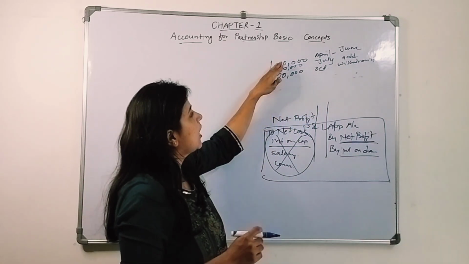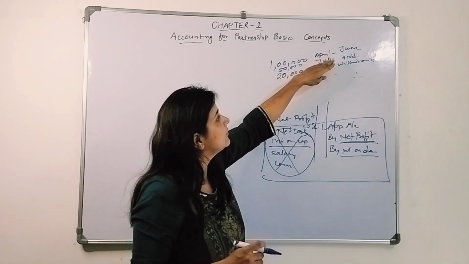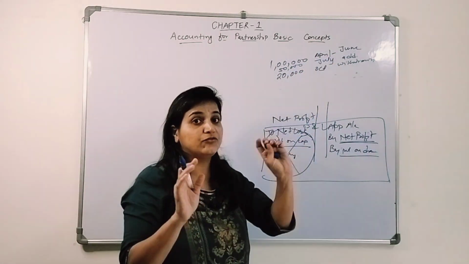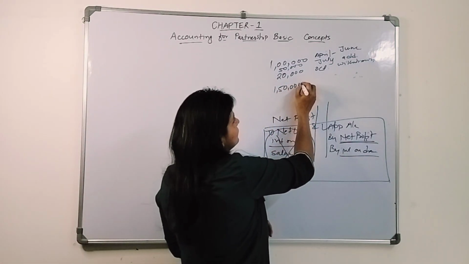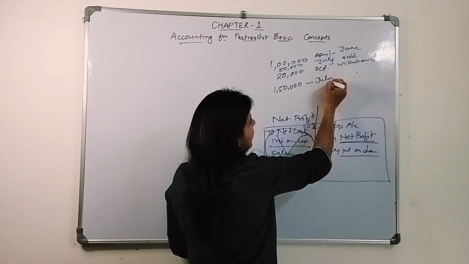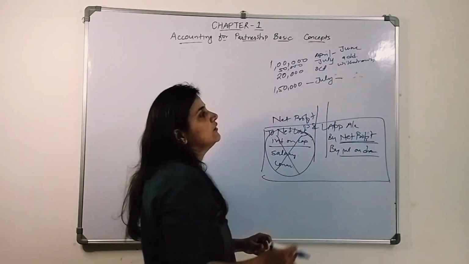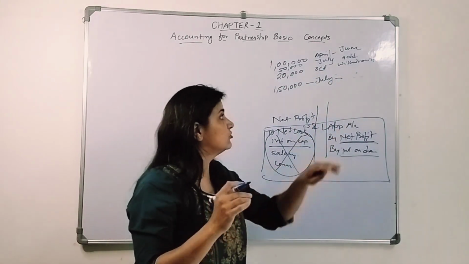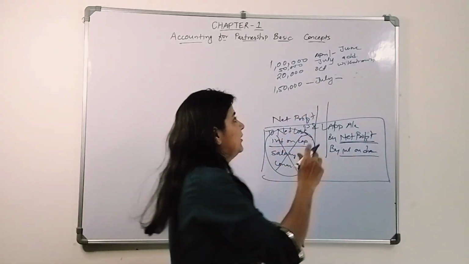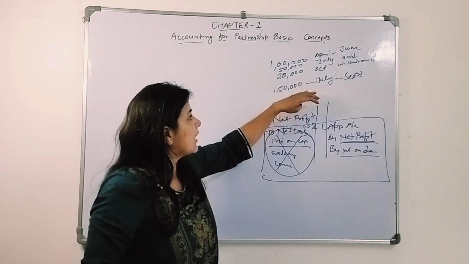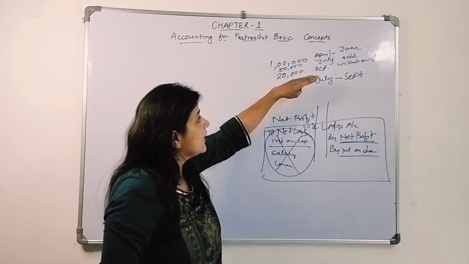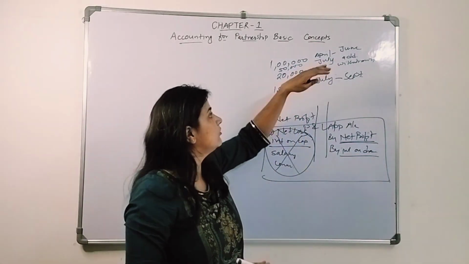Then how much when he brings in additional capital in the month of July? So 1,50,000 was from where? From July till October. He withdraws the amount in the month of October. So July, August, September, for 3 months the firm was having a capital of 1,50,000, and then he withdraws the amount in the month of October.